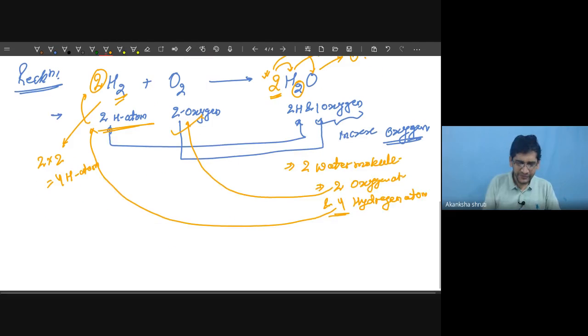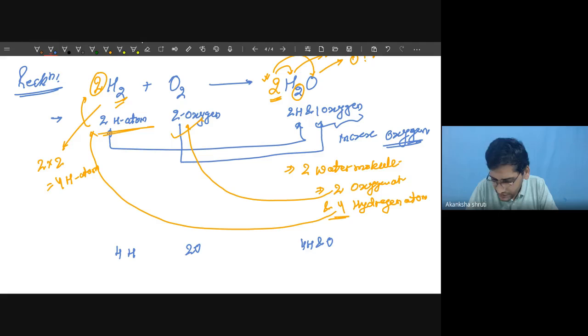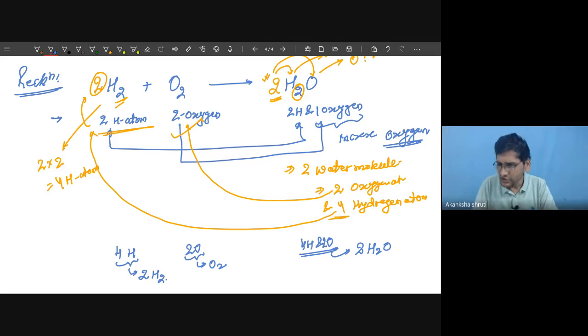So this way, considering the equation, 4 hydrogen atoms on the reactant side, 2 oxygen atoms on the reactant side, and on the product side also we have 4 hydrogen and 2 oxygen. But these 4 hydrogen and 2 oxygen are present in the form of 2 molecules of H2O. Here this 2 oxygen is present in the form of O2 and 4 hydrogen is present in the form of 2 molecules of H2. It is like this.